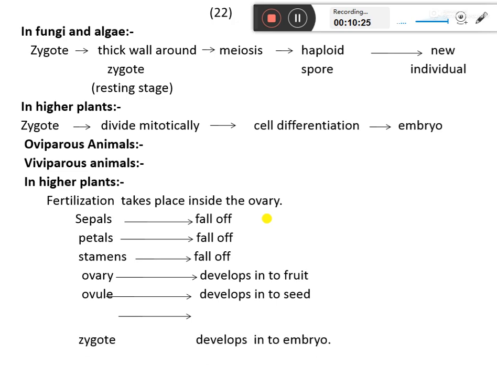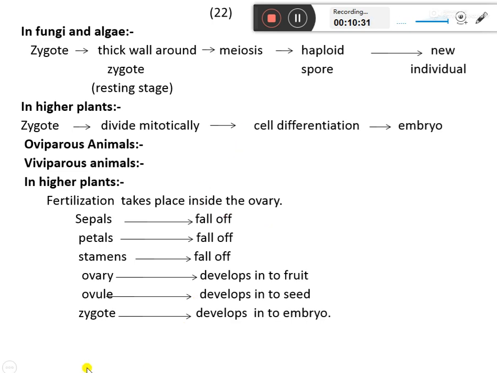Ovule develops into the seeds and zygote develops into the embryo. The fruits have the structure which bears the seeds, and seeds bear the embryo. The embryo will develop into the new baby plant or new individual.